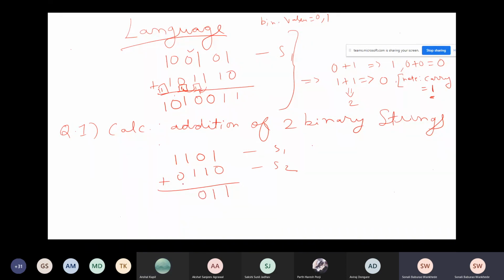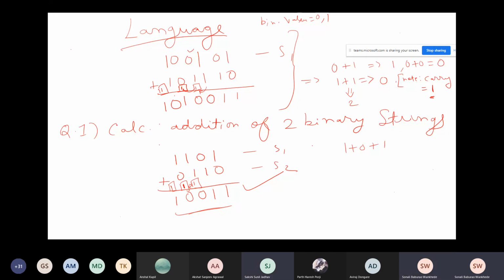A carry is generated and that carry is forwarded to the 0 here again. We have a carry generated here and this is shifted over here. Then again it will be 1 plus 0 plus 1, which gives you 1 0. Again, a carry is shifted over here. It is giving me 1, right? Yes, ma'am. So this is how you perform addition of two binary numbers or binary strings.